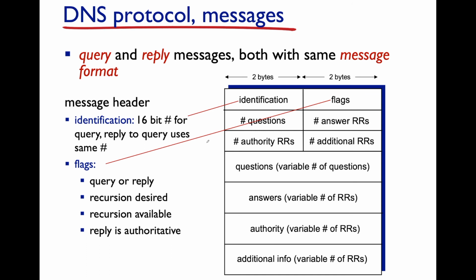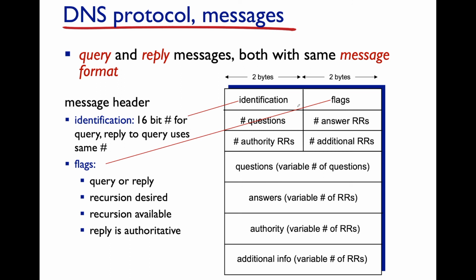And so here you have a message header, and that message header identifies whether it's a query or if it's a reply. So the query is the give me the mapping. The reply contains all of the matches to that query. So it's almost like a database lookup, but it's done over the internet using these messages that go back and forth, using these packets.